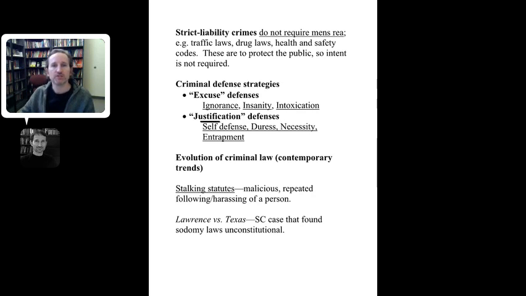Right? You can justify your actions too, if you want to try to, as a defense strategy. You can claim self-defense. Self-defense works pretty well if you're talking about proportionality.